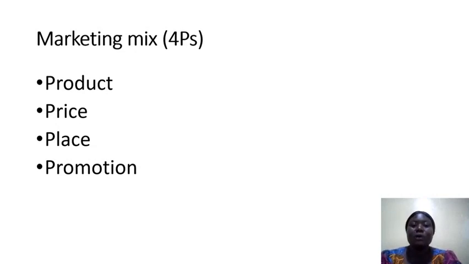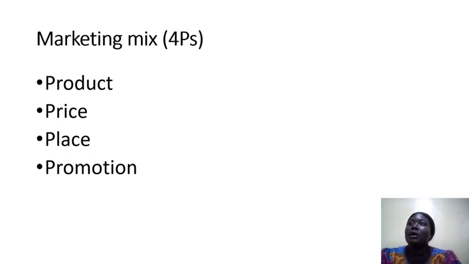And then we look at the promotion, the 4th one. Promotion includes advertising and public relations, sales promotion, and direct marketing. It can be conducted either online or in a physical shop, or by a person walking into the shop, and through visual merchandising or celebrity endorsement.